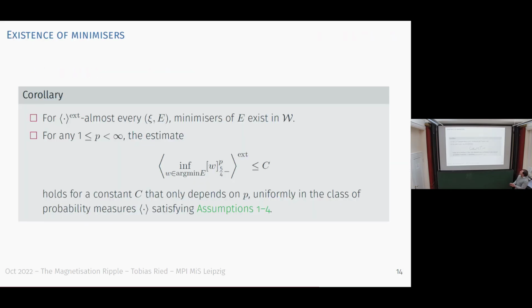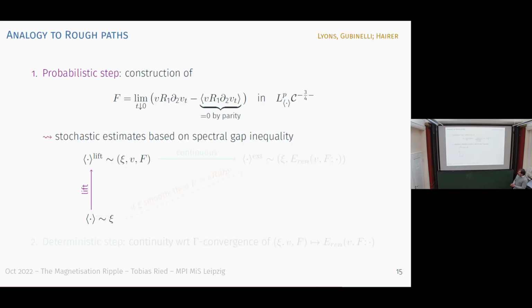I don't want to spend too much time on this, so let me rather show you how our analysis can be understood in analogy to the rough path theory, where we have a probabilistic step and, independently, a deterministic step. So once the probabilistic setup is done, we can do a fully deterministic analysis.